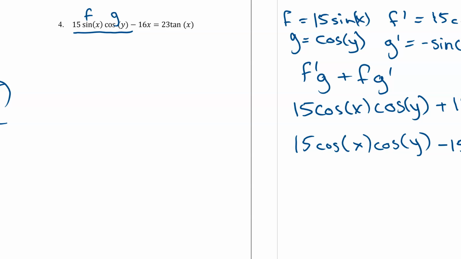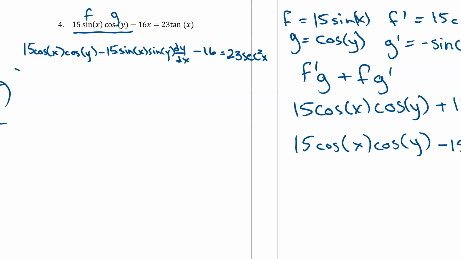So I've got 15 cosine x cosine y minus 15 sine x sine y dy dx. Derivative of 16x is 16, equals derivative of 23 tan x, which is 23 secant squared x.